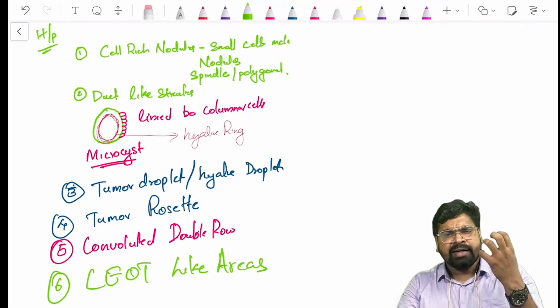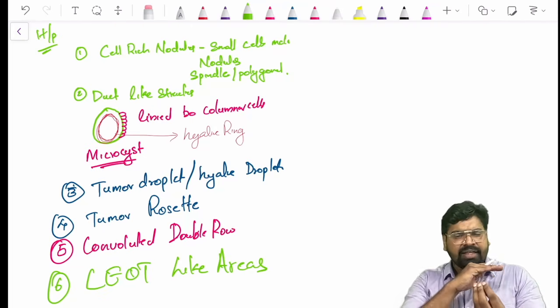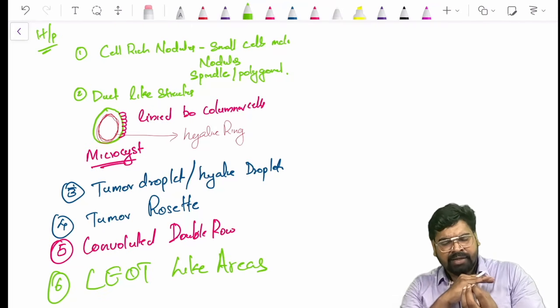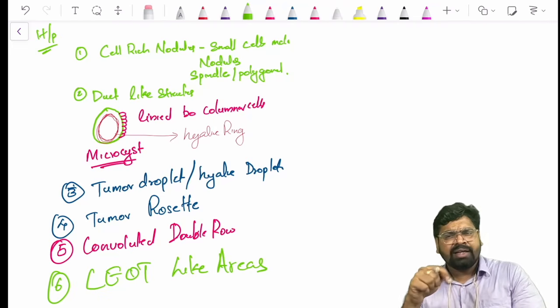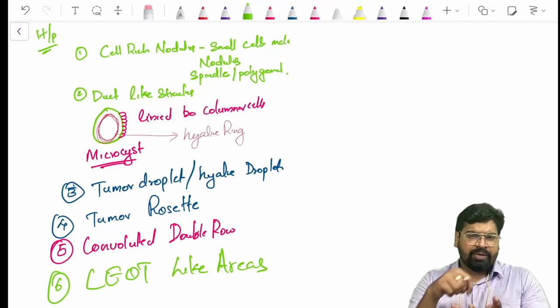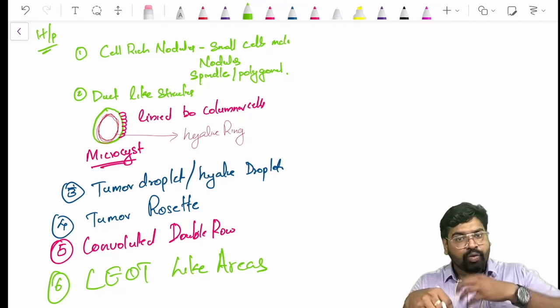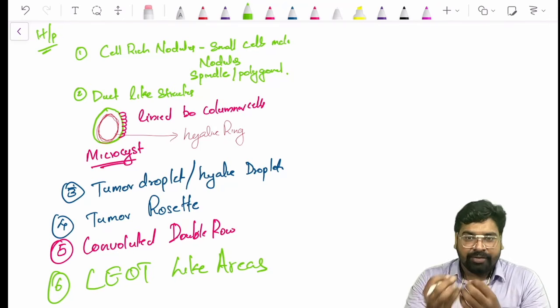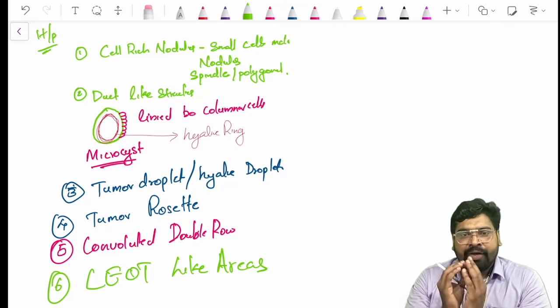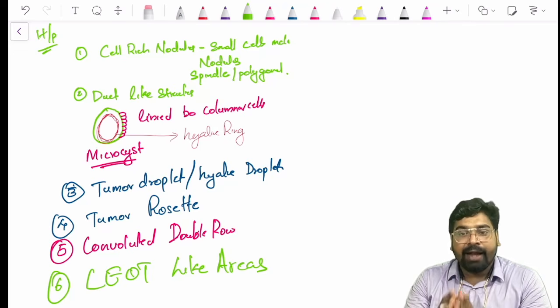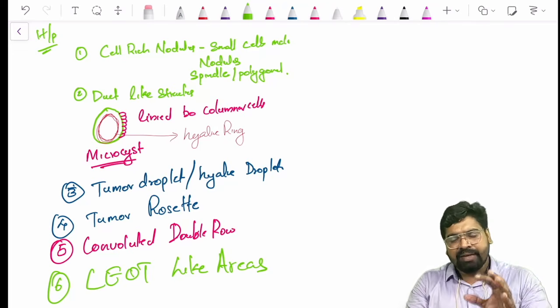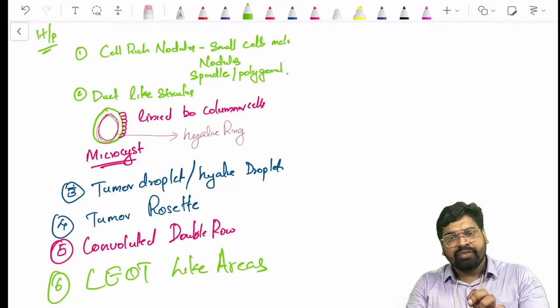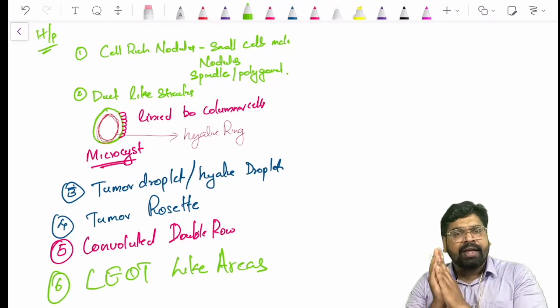If you are cutting that hyaline duct very close, instead of a ring you get a pink drop, a pink filled area, called a tumor droplet or hyaline droplet. And you see rosette arrangement, that is tumor rosettes. Then you see the convoluted double row pattern, and you see CEOT like areas. So just remember these 5 to 6 histological features in AOT.